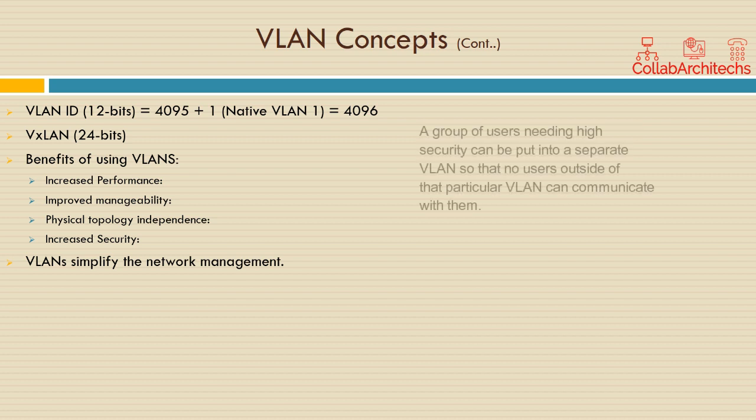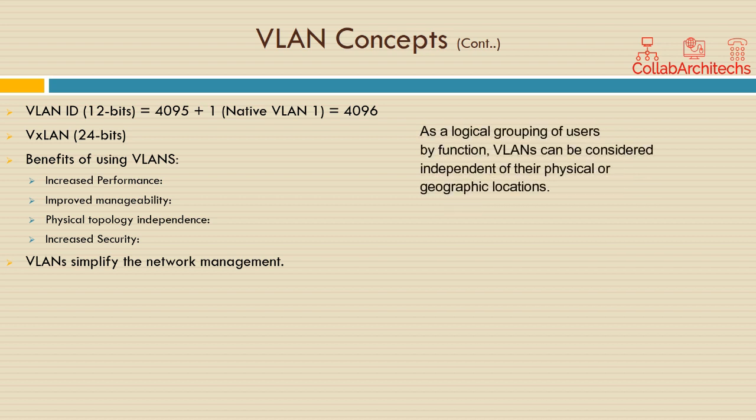A group of users needing high security can be put into a separate VLAN so that no users outside of that particular VLAN can communicate with them. As a logical grouping of users by function, VLANs can be considered independent of their physical or geographic locations.